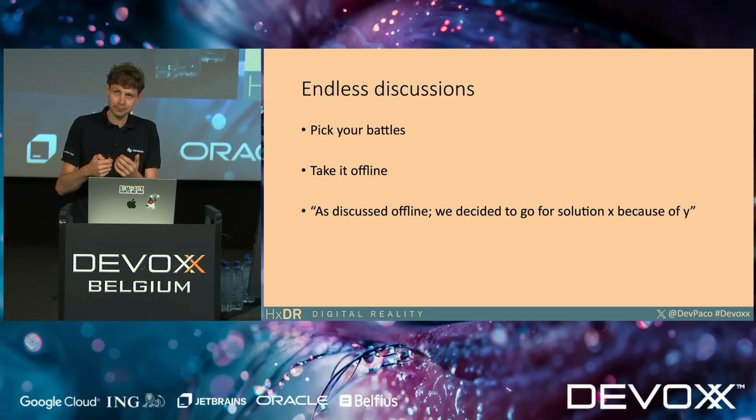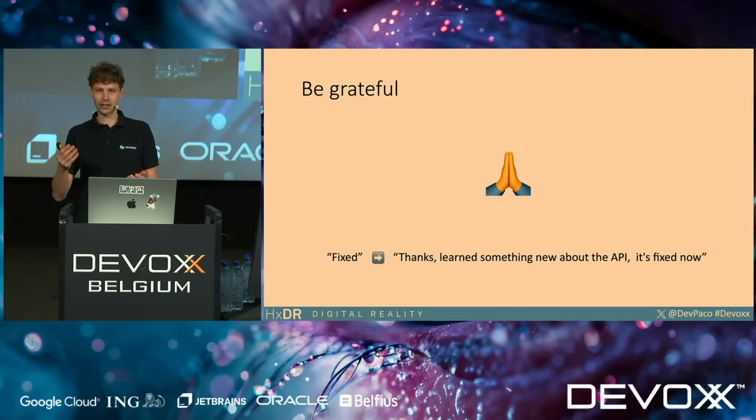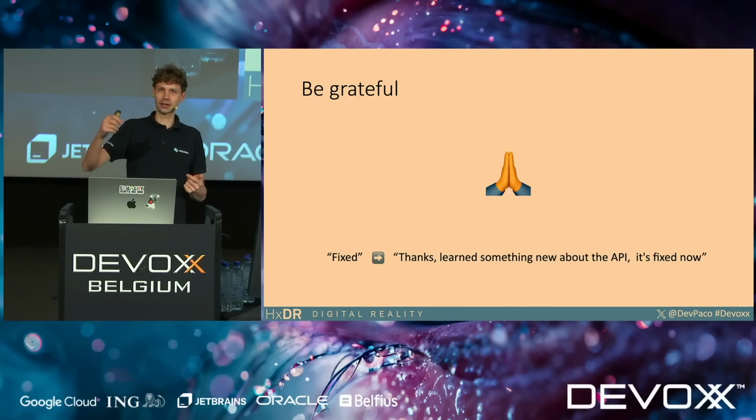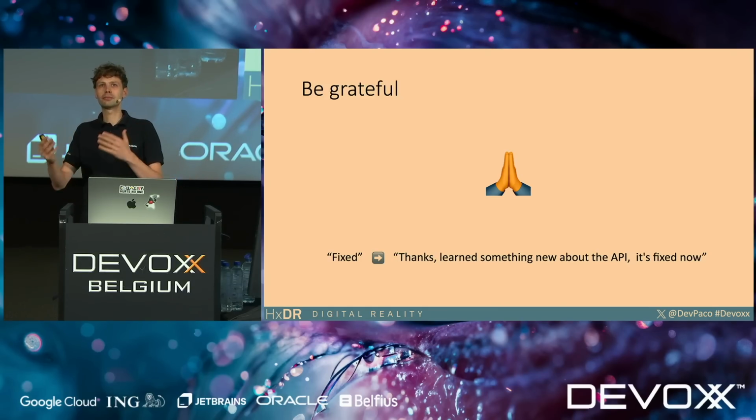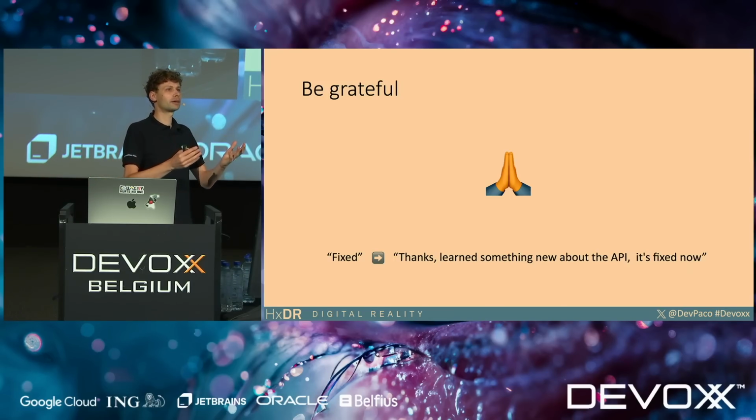Now, of course, not all of the messages received will be bad. I hope there will also be a lot of useful things. You will learn things. And rather than just resolving everything or saying fixed on every single one of them, try to sometimes add some positive notes there as well, because it could be that you learned something. Just write that down. And why? Because this positivity also helps new team members, for example.